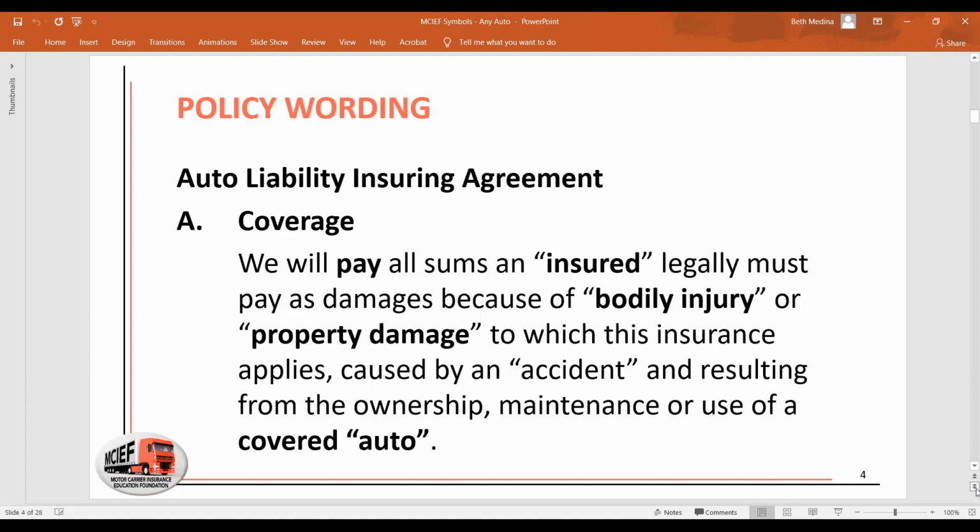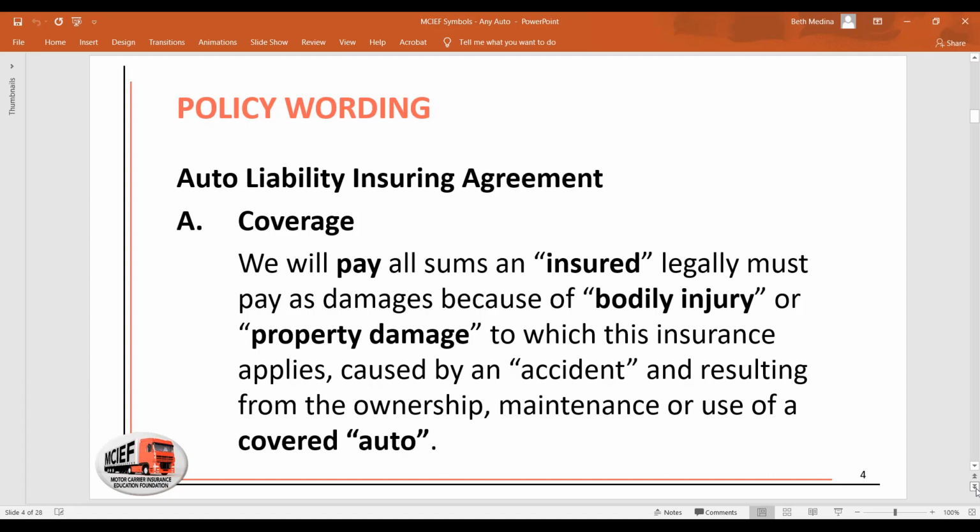So when a crash happens and the insurance carrier gets the report of the crash, the first thing the adjuster looks at when handling that claim is, did the crash happen by use of a covered auto? If it's not, then there are questions about whether coverage is provided. All responses by an insurance carrier on behalf of an insured at crash time depend on whether it was a covered auto that caused the crash.